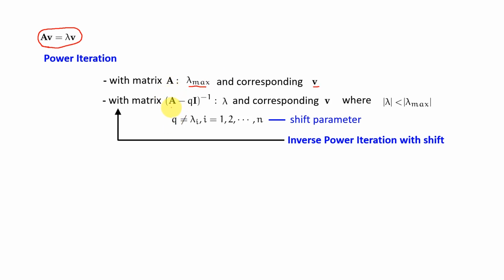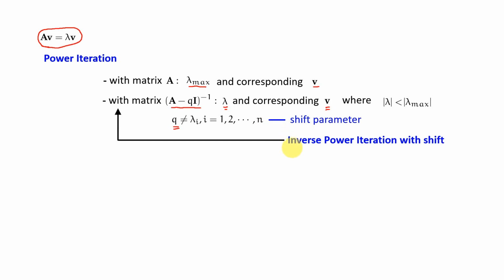Then we start with (A minus QI) inverse, and then judiciously selecting Q, we will get one after another lambda and the corresponding V. Wherever we select Q, the closest eigenvalue to Q, I'll get it.